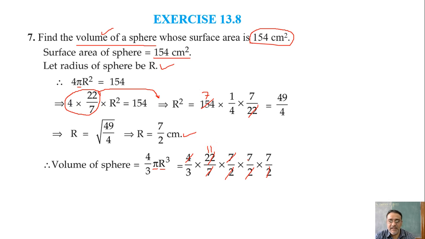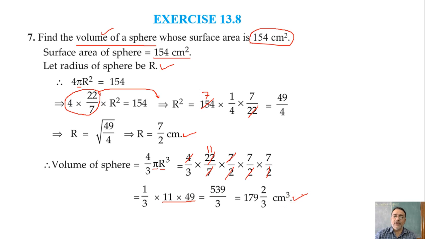So 1 upon 3, 11 into 49. 11 into 49 is 539 upon 3. If you divide by 3, you will get 179 with 2 remainder. So in mixed fraction, you can write 179 2 by 3 centimeter cube. If you want to write in decimal form, 179.67 centimeter cube approximately.